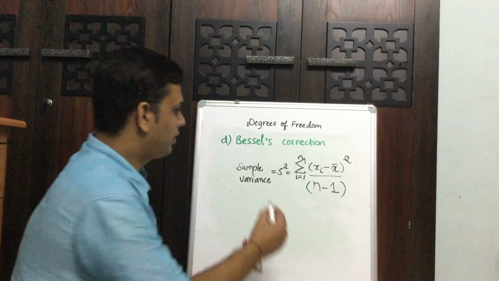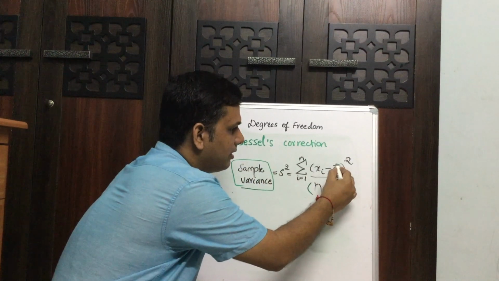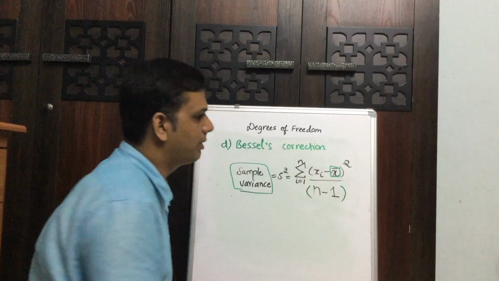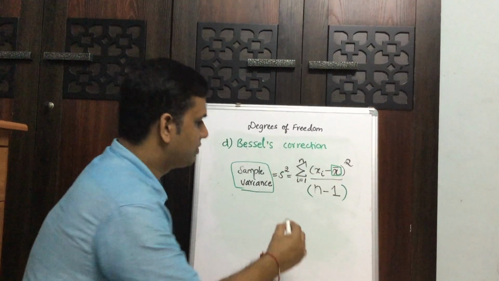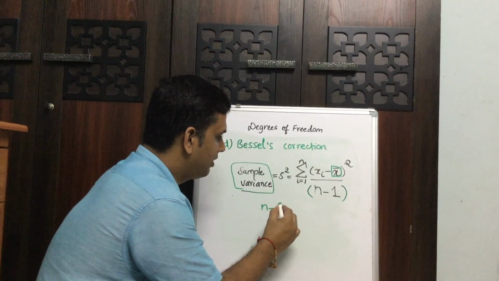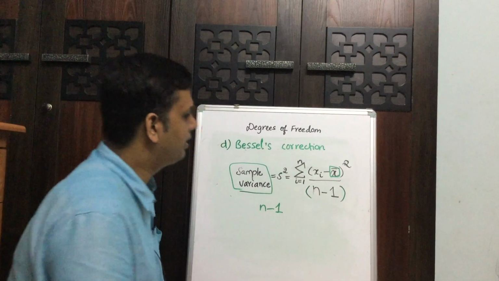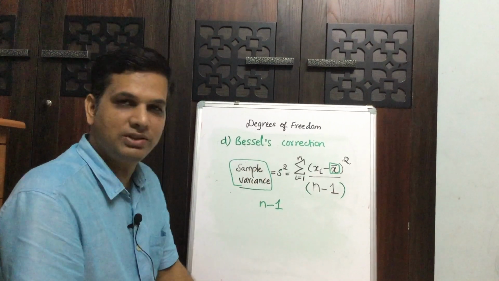Because for estimating the sample variance, we also need the sample mean, right? So for estimating the sample mean, we have already used 1 degree of freedom. So we are left with n minus 1. So hence the denominator for sample variance is n minus 1, which is also called Bessel's correction.